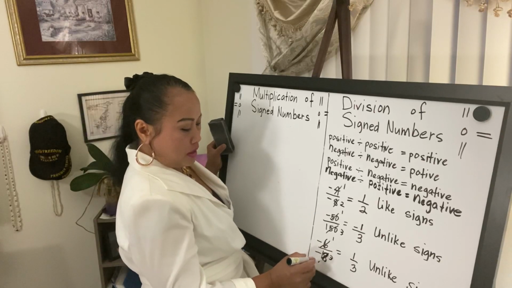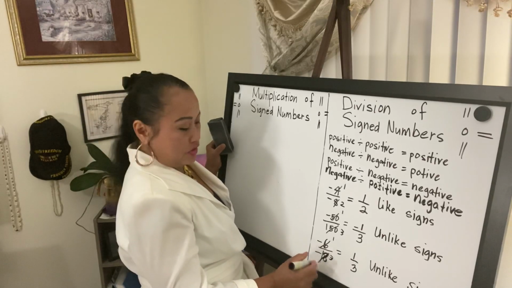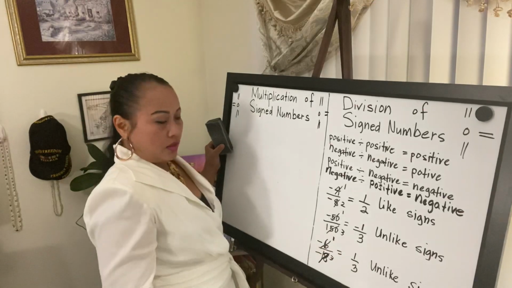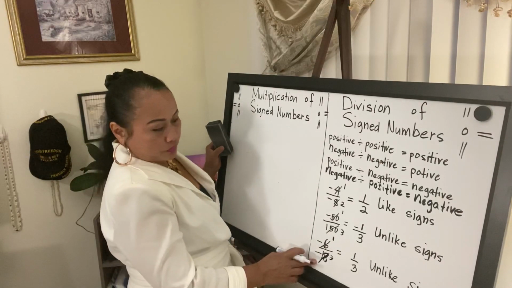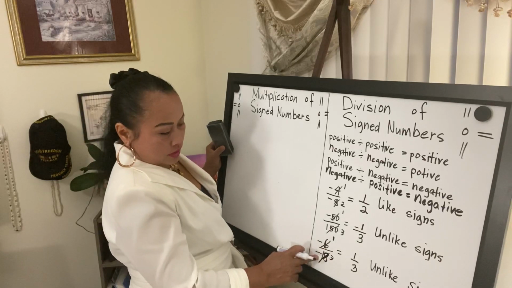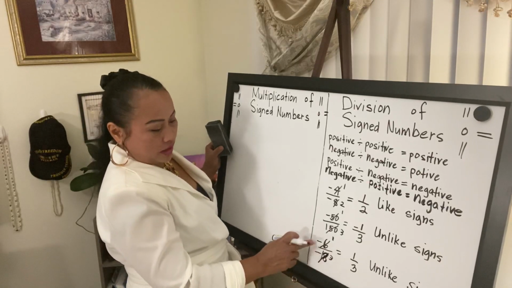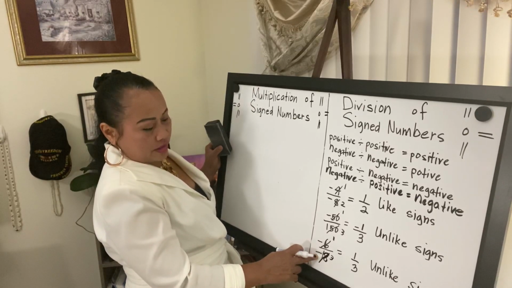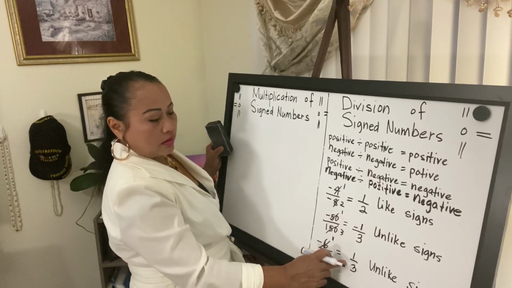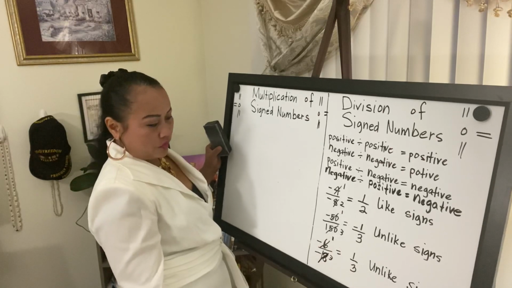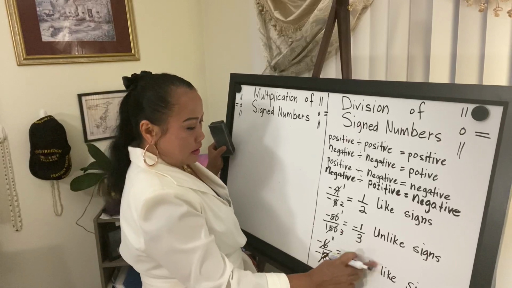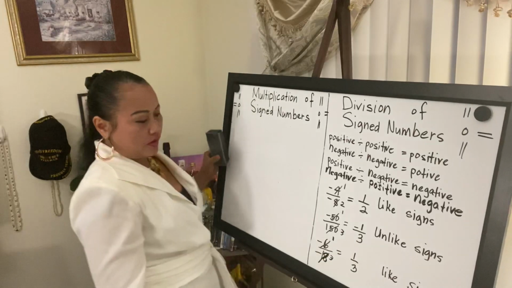So how many 6 in 18? There are 3. So 1/3 is the answer. Since negative 6 and negative 18 are the same sign, always positive. They are not unlike. They are like signs.